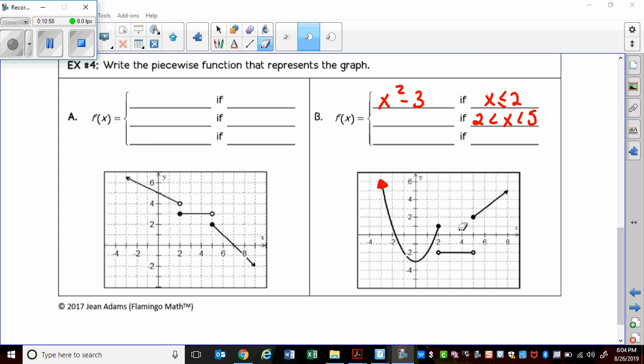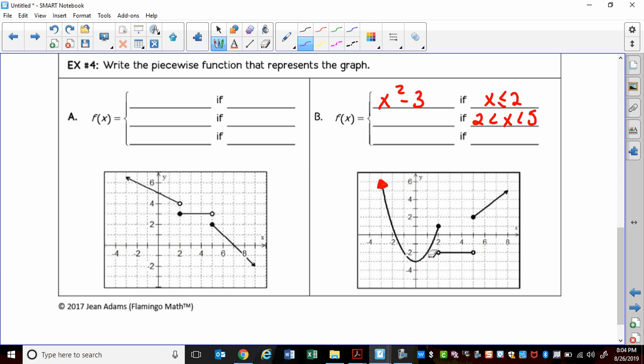So this is a horizontal line, and this looks like y equals negative 2, and that would be the whole line. And this restricts it from positive 2 on the x values to 5. So the equation is negative 2, since our y values are down here, and it's a horizontal line.